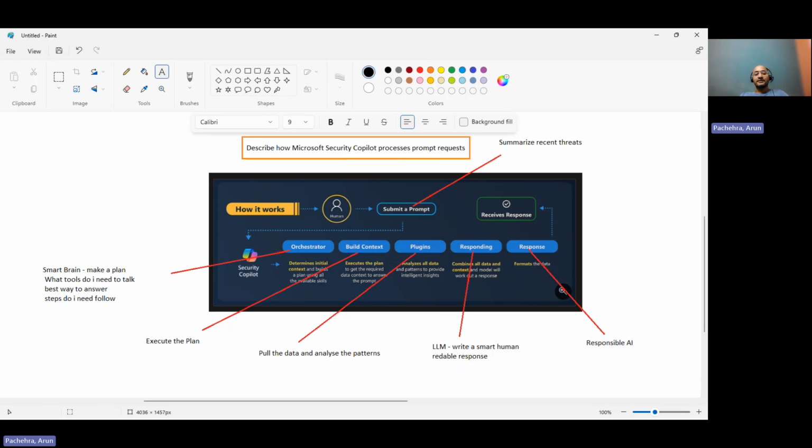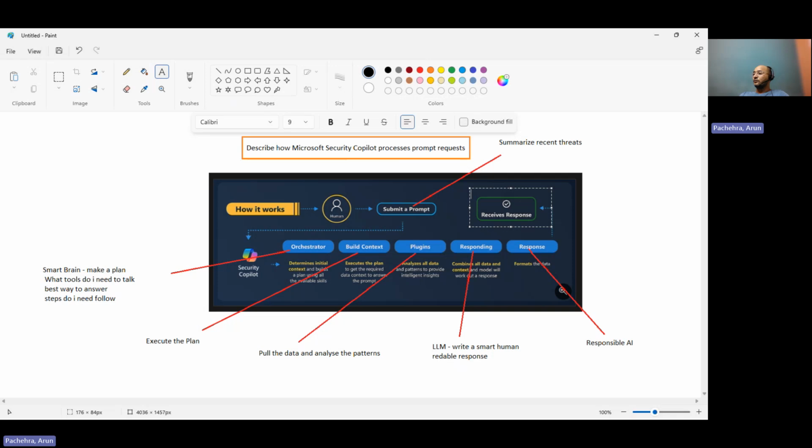So it will check: is the answer safe and accurate, is it ethical, am I not making up anything, those kinds of things. If nothing is like that, then it will give you the response. Right here we have the response. So you see the final result right in your Security Copilot interface, ready to read, share, or take an action. So that's how it actually works.